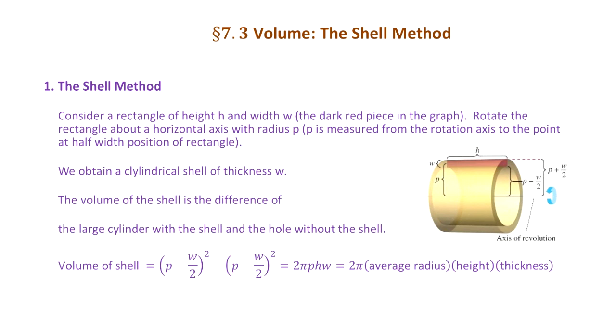Then we obtain a cylindrical shell of thickness w. If you rotate that rectangle about the horizontal axis, you get the shell with thickness w, and the volume of the shell is the difference of the large cylinder with this shell and the hole without the shell.